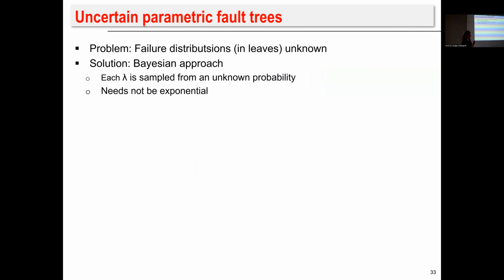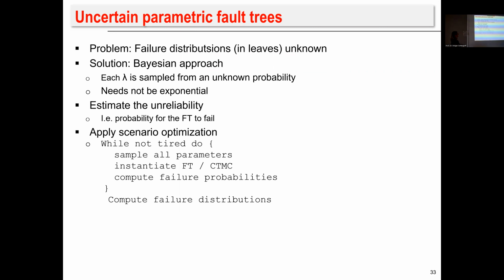What we've worked on is a kind of Bayesian approach, where we assume that each of the lambdas, so each failure distribution, is taken from an unknown distribution, and it need not even be exponential. Then we can, of course, with Monte Carlo-like techniques, estimate the probability of your fault tree failing.